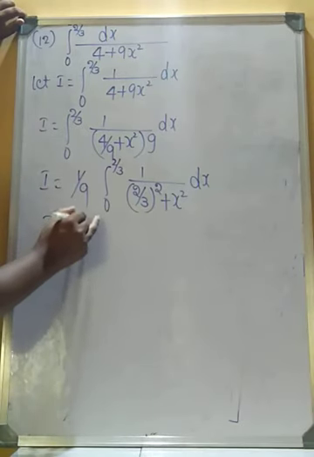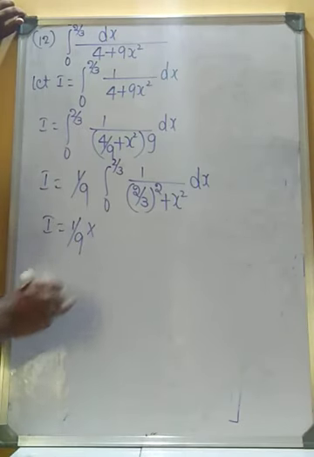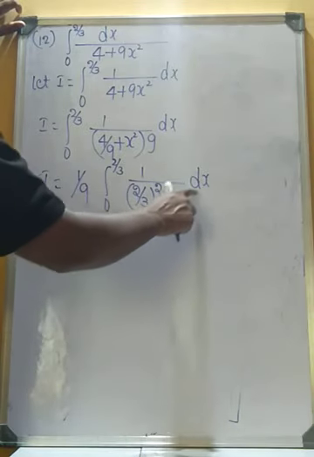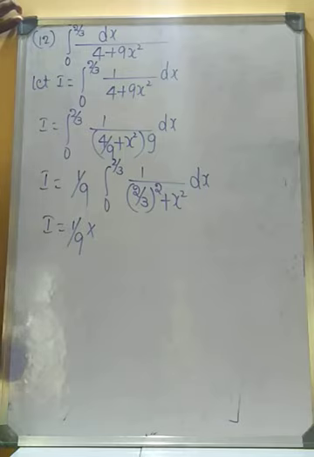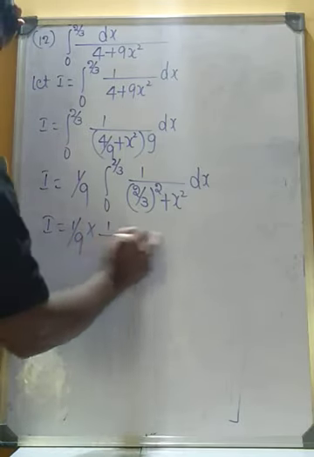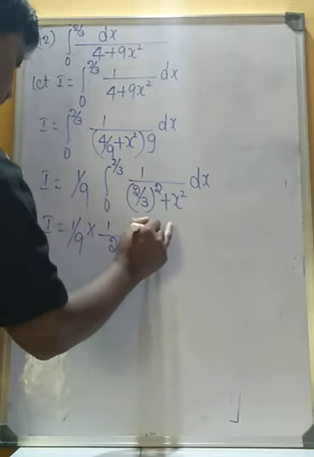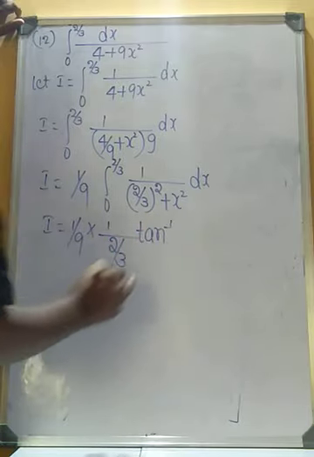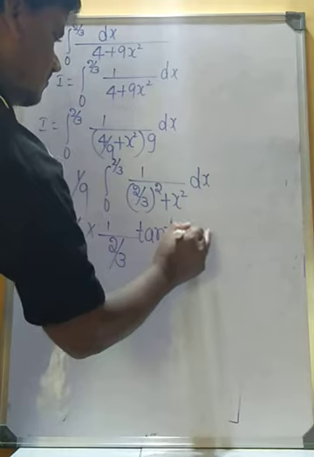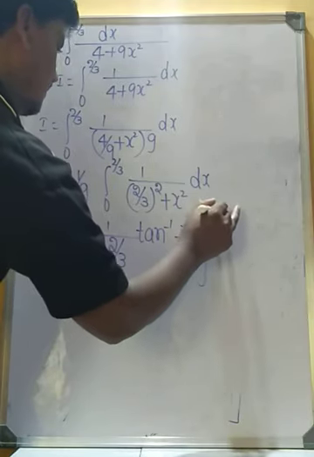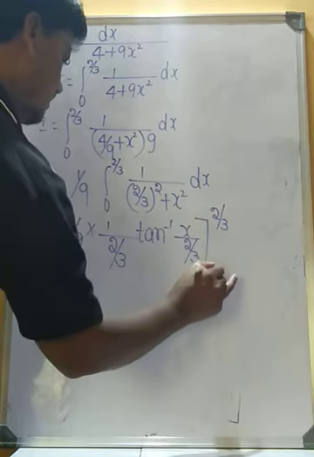Therefore I equals 1 by 9. You know the form of this, 1 by a square plus x square into dx. That is the formula 1 divided by a, a is 2 by 3, into tan inverse of x divided by 2 by 3. Upper limit is 2 by 3.